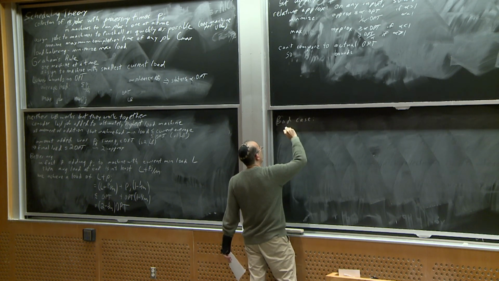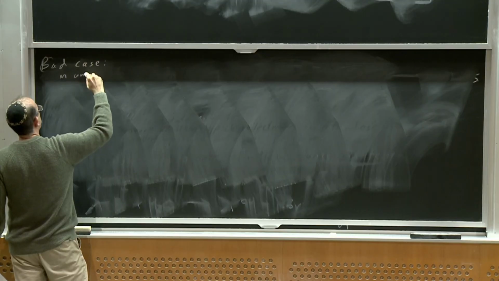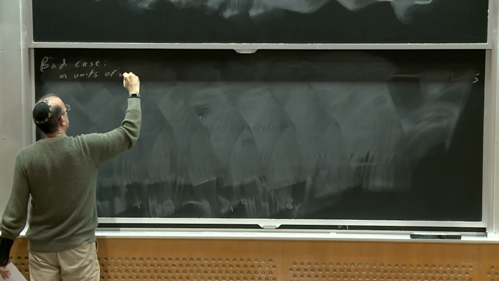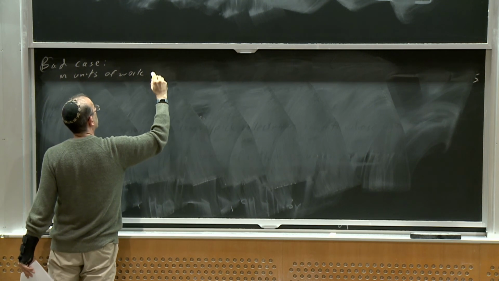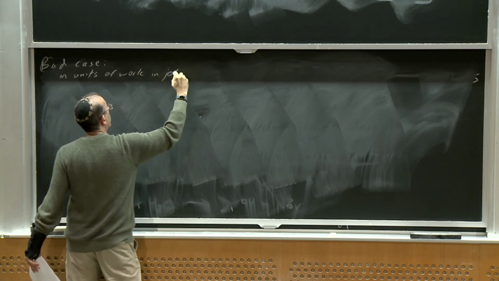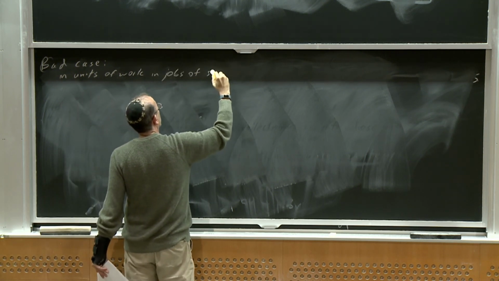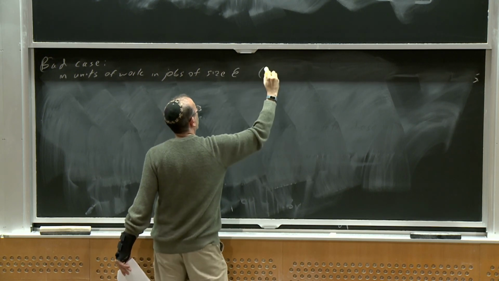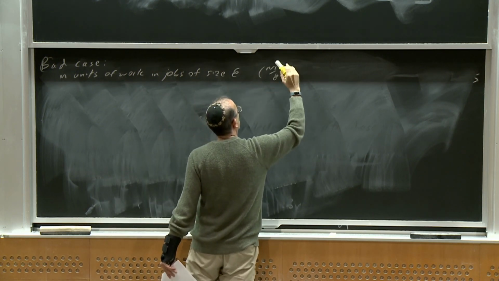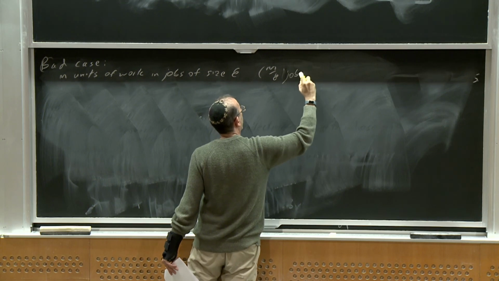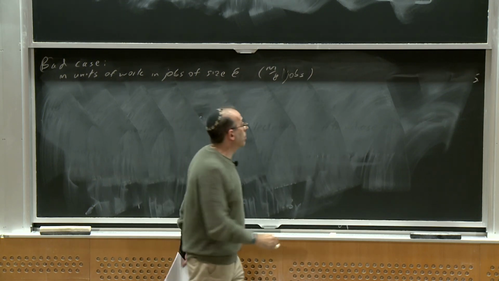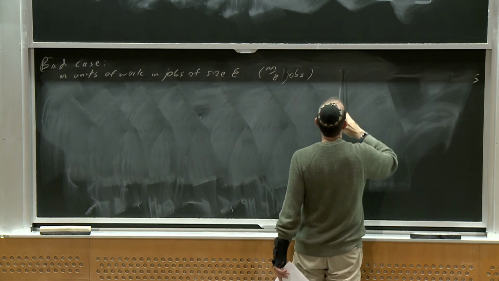So what we are going to do is give it m units of work in jobs of size epsilon. So overall, m over epsilon jobs of size epsilon. And those are going to be scheduled onto your m different machines.